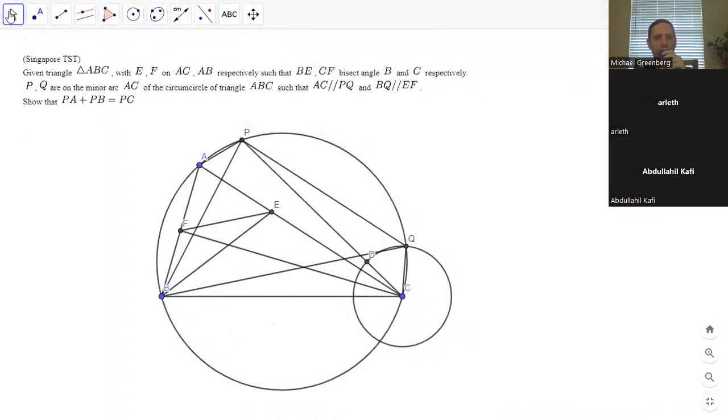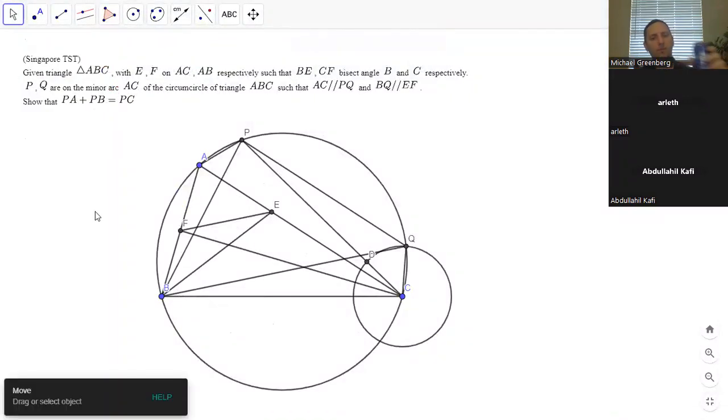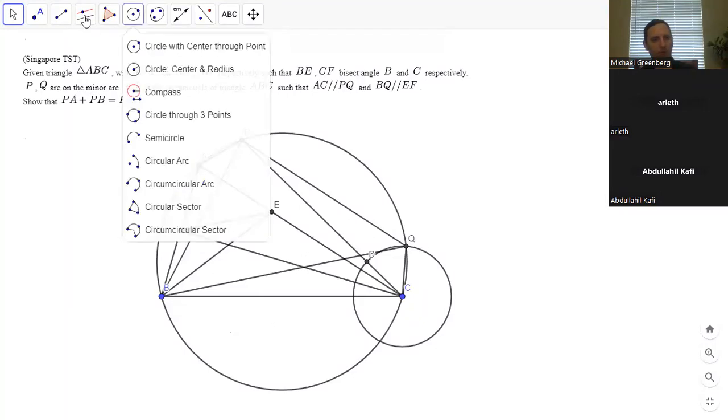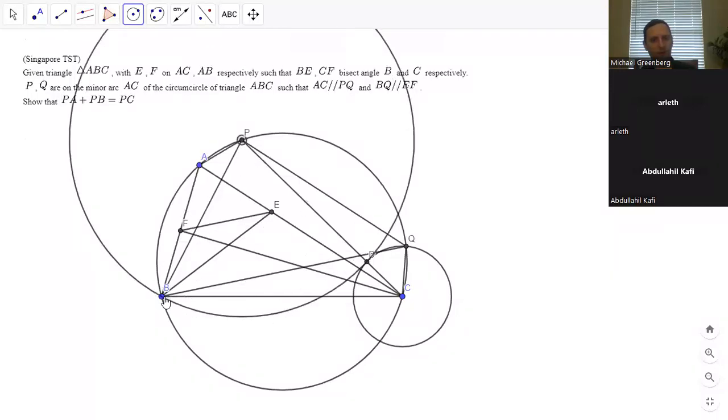I'm just going to leave that circle there. See what happens if we draw this circle.